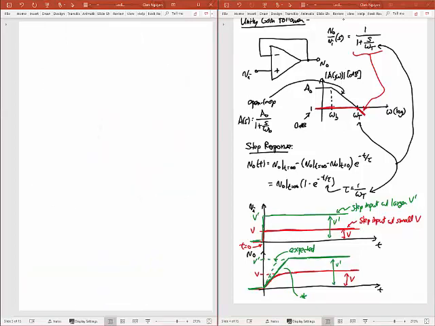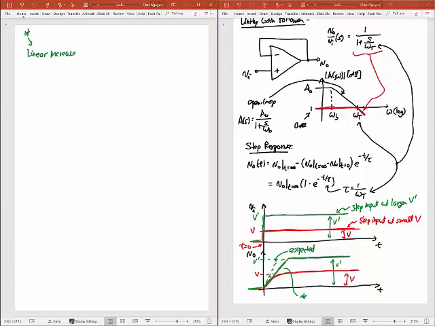So what we end up with here is a linear increase, and it's caused by internal limitations.